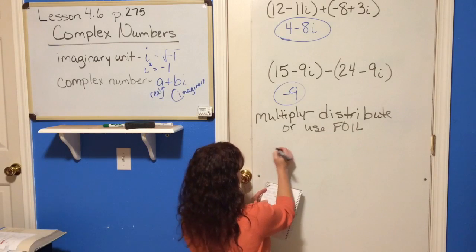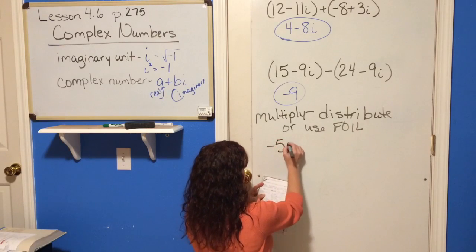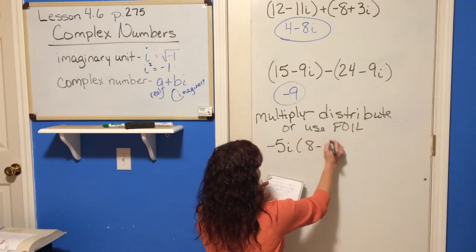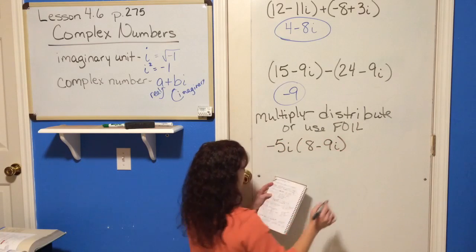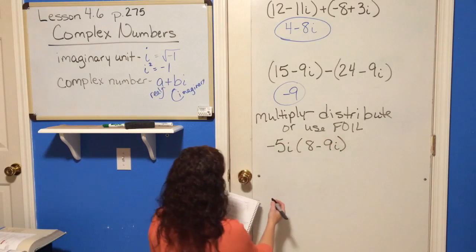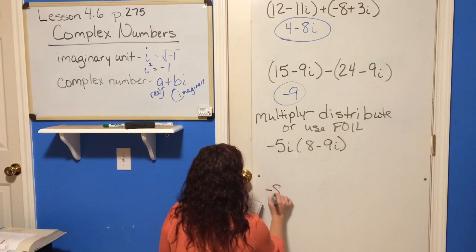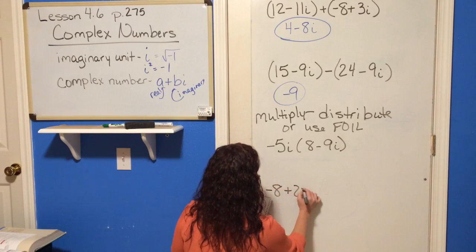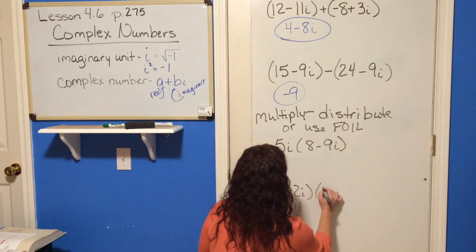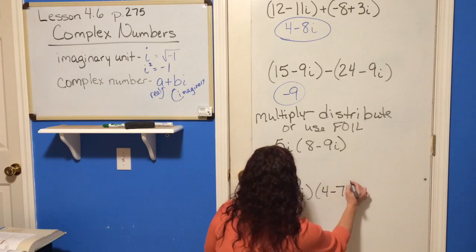So it looks like this. Negative 5i times 8 minus 9i. And we have room. We'll do one more here. Negative 8 plus 2i times 4 minus 7i.